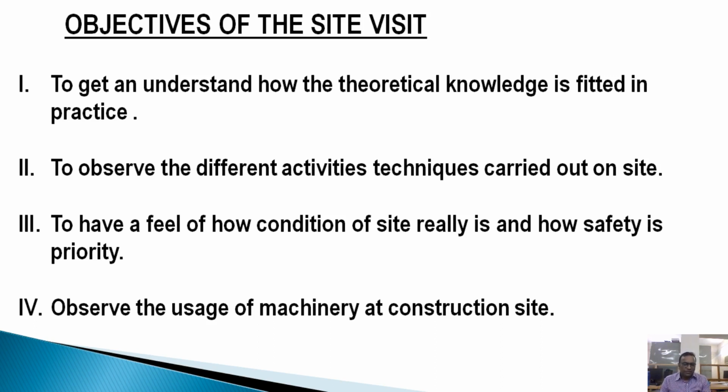Last, observe the usage of machinery at the construction site. Whatever machinery they are using, site engineers are using, laborers are using, everything you should observe properly. You may change these objectives with other words also. If you feel that you need to change that, you can change it. But the main theory behind writing these objectives will remain the same. So these are the four objectives of visiting the particular site.